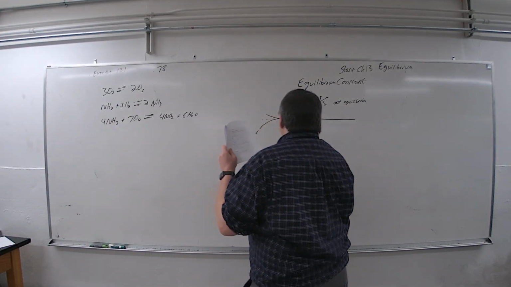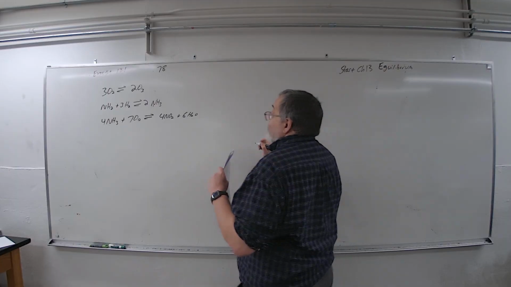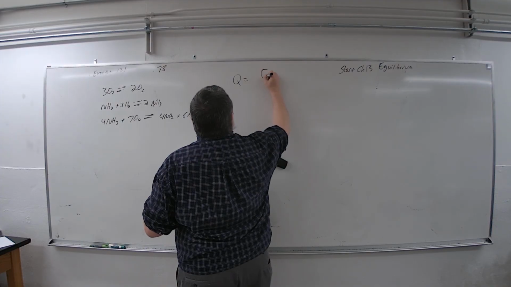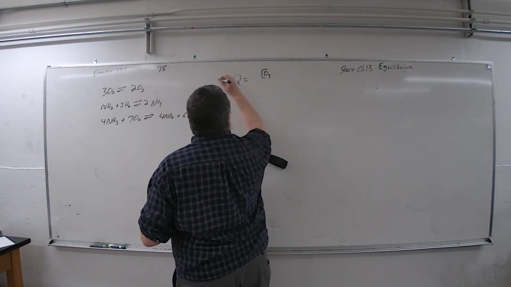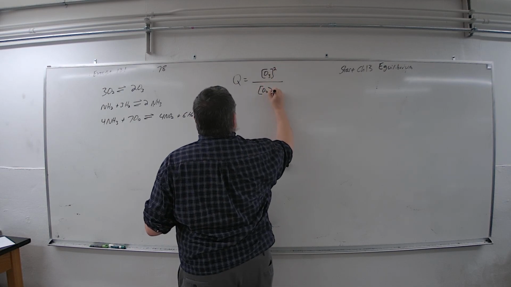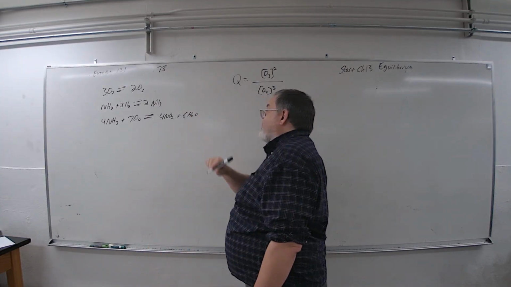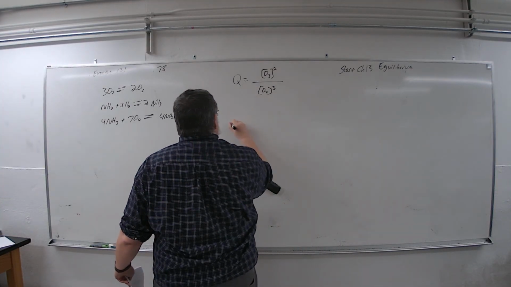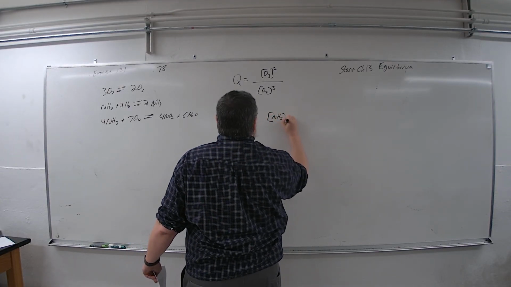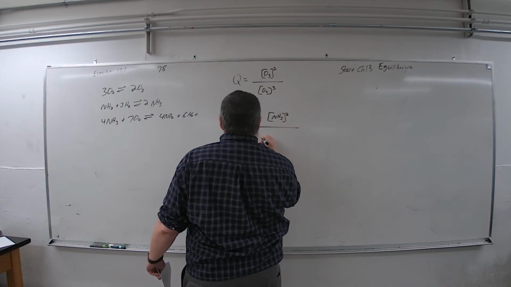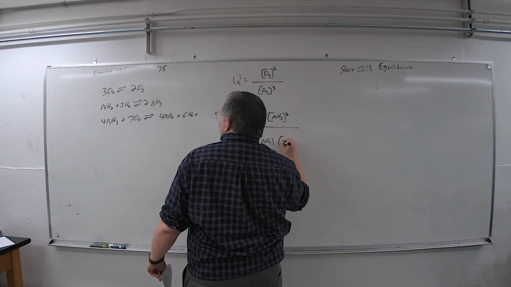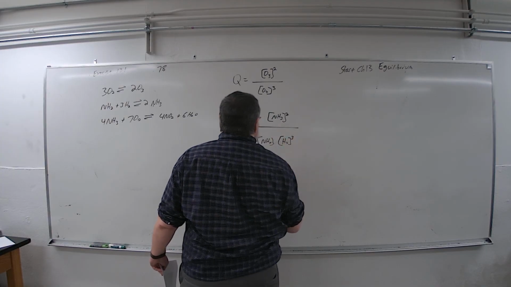The question is, make the equation for the reaction quotient, meaning Q equals concentration of products over reactants. That's the answer to the first one. The second one, Q equals the product NH3 to the second power over N2 times H2 to the third power.